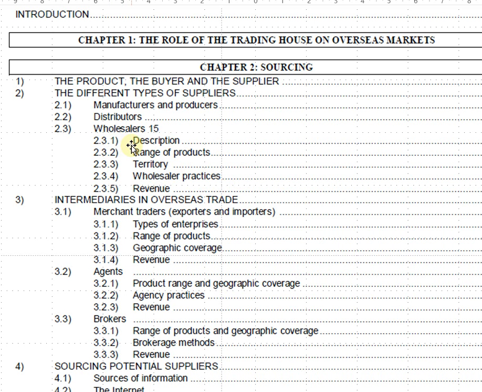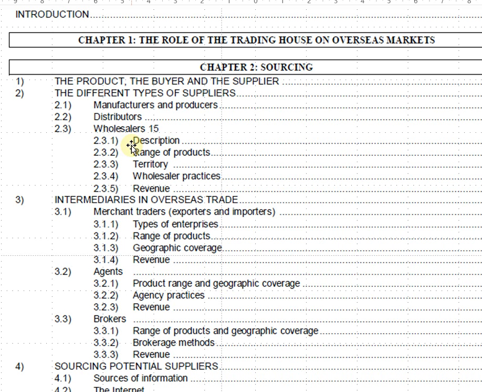The role of the trading house is very important in the Western area. Absolutely, in the Asian area we also have parties with the same role. In Chapter 1, we will deal with the role of the trading house on the overseas market, in general but in brief.